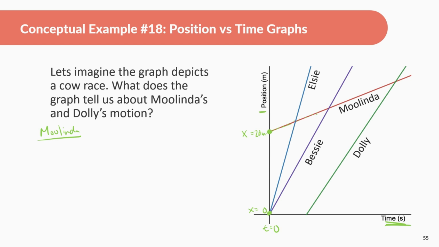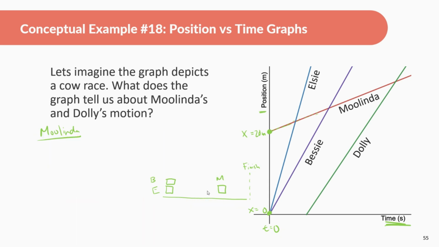Moolinda has a bit of a head start. So if I were to draw this out, I'm going to draw Bessie and Elsie here. They're boxes, but Bessie and Elsie, Bess and L. But Moolinda is maybe starting over here, and maybe this is the finish line. Okay, so Moolinda, when the gun goes off, has a head start. That's what it looks like to me.